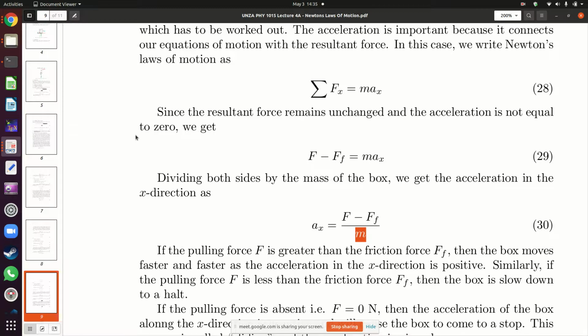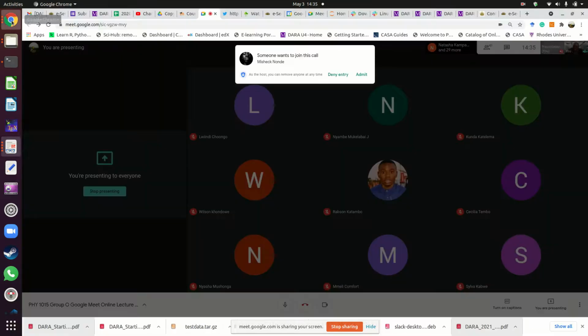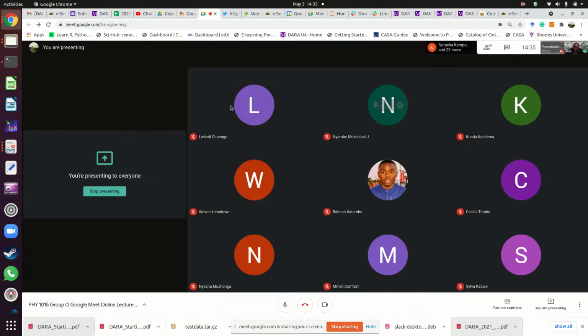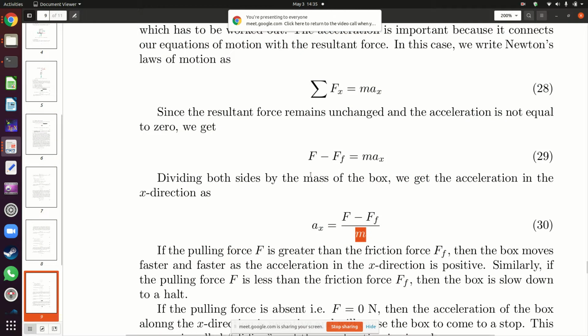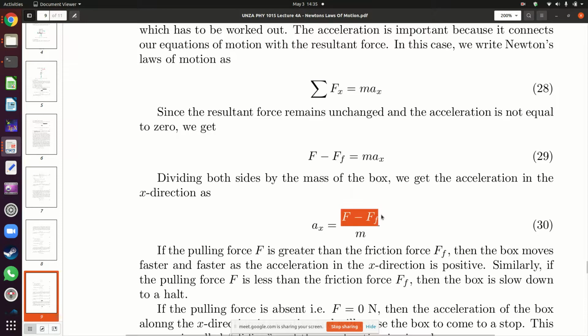A resultant force causes the velocity of an object to increase or reduce. So once you see an increase or a decrease in velocity, you need to work out the resultant force. You need to identify which forces are acting on this object.